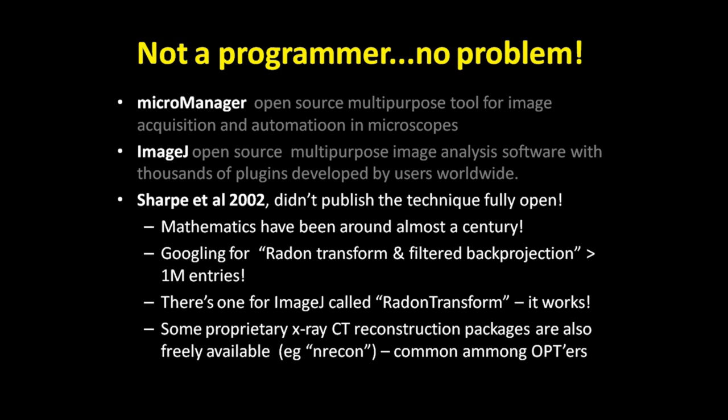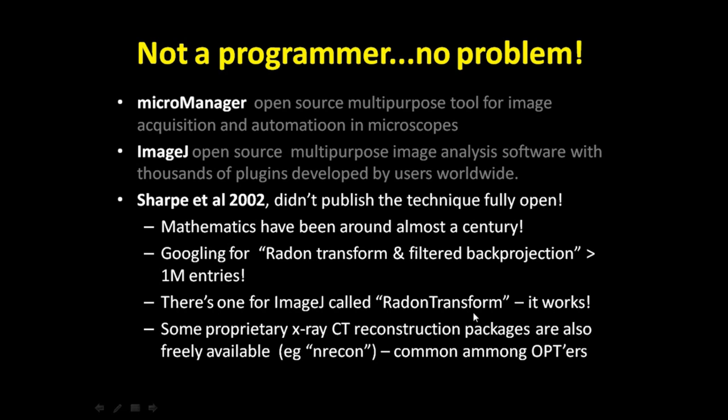And what was really missing from the original publication from James Sharp and his team, who developed the original OPenT, was to make it fully open. But again, the mathematics behind back projection reconstruction are quite old. If you just Google something like radon transformation and filtered back projection, you get more than 1 million entries, so it's really not a secret.